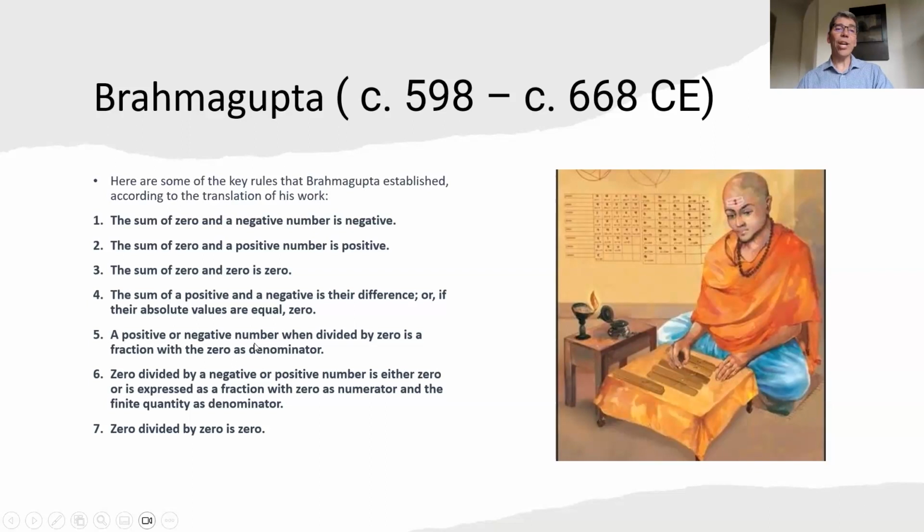That is also a very important rule. A positive or negative number when divided by 0 is a fraction with 0 as the denominator. This is a rule that we do not use now. Brahmagupta was basically saying, I don't know the result of dividing by 0, but I'm going to say it is a fraction where the denominator is 0.